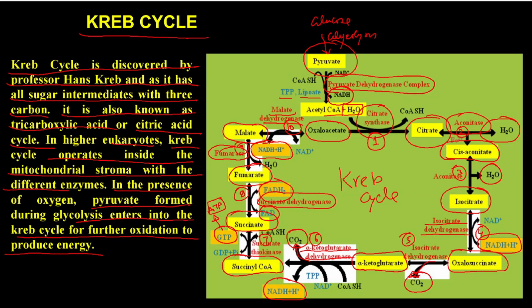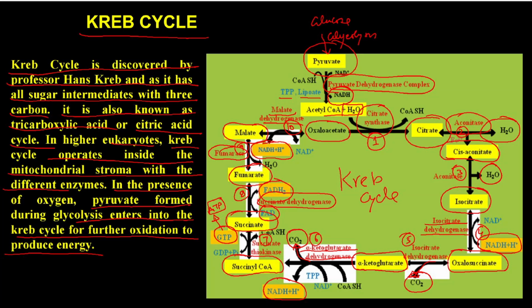Now when this isocitrate was getting converted to oxalosuccinate, the NADH was formed. Isocitrate dehydrogenase will lead to the formation of an NADH. The oxalosuccinate will get converted to what? Alpha ketoglutarate, releasing one CO2 molecule.